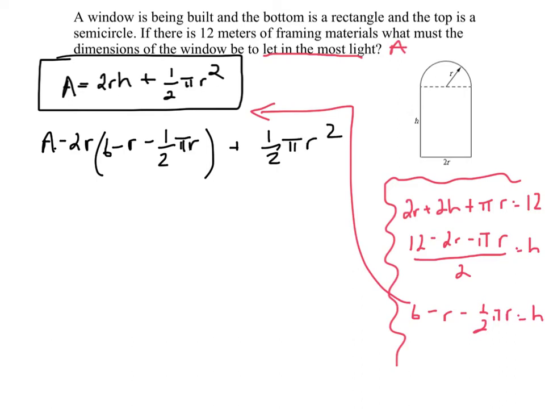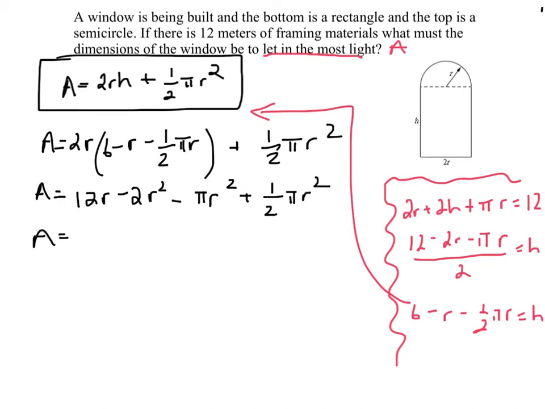Let me do a little cleanup here. 12r minus 2r squared minus pi r squared plus 1/2 pi r squared.